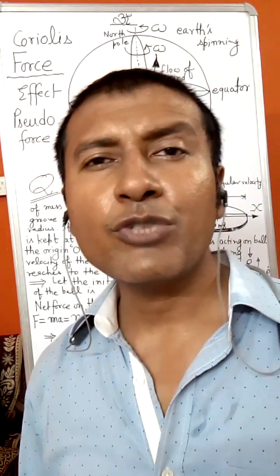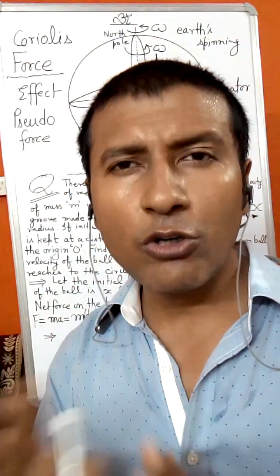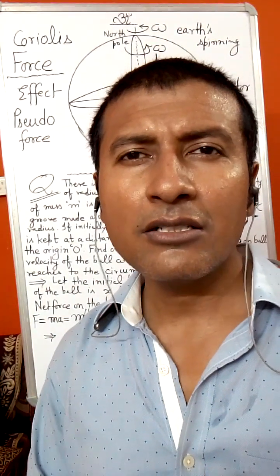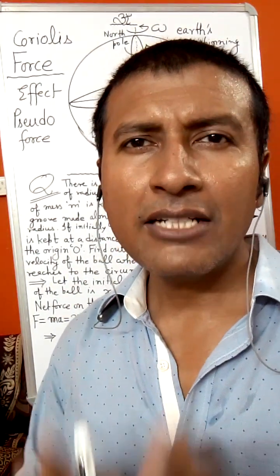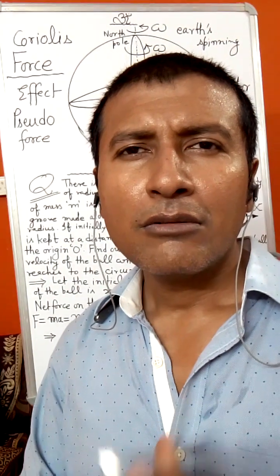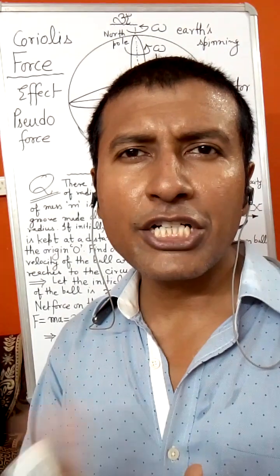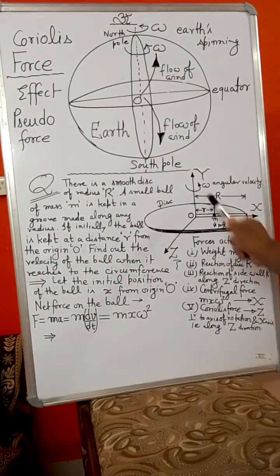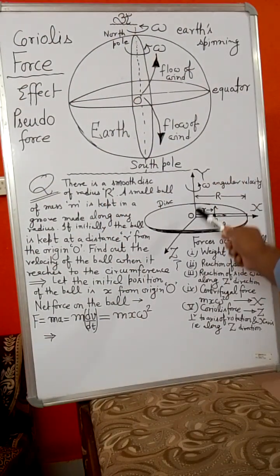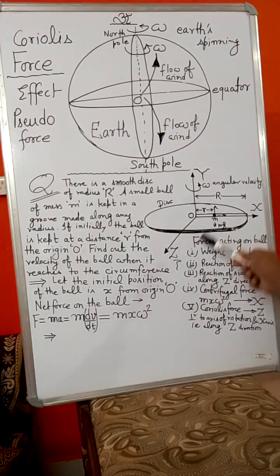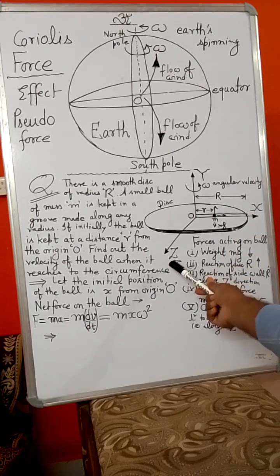The next force which is acting on this ball is the Coriolis force, and its direction must be perpendicular to the axis of rotation. This is the axis of rotation, and the Coriolis force will be perpendicular to this axis, towards the z direction.